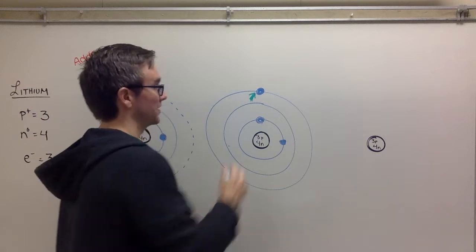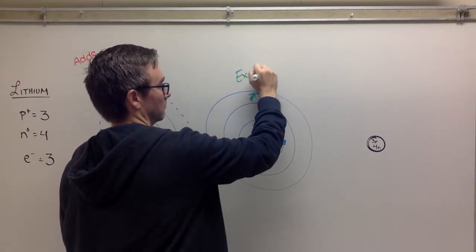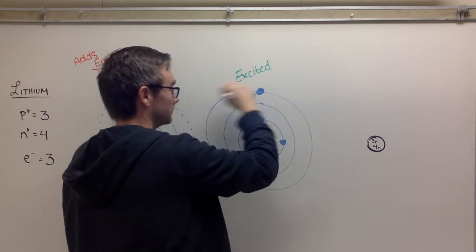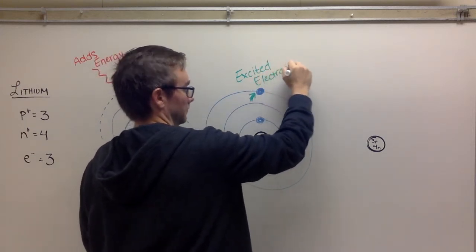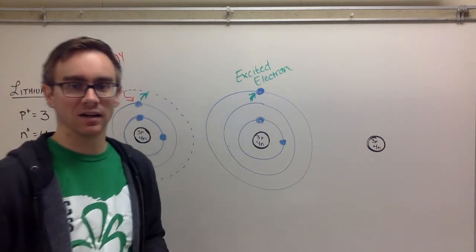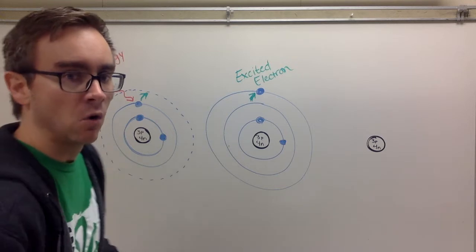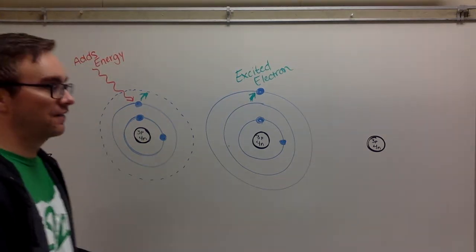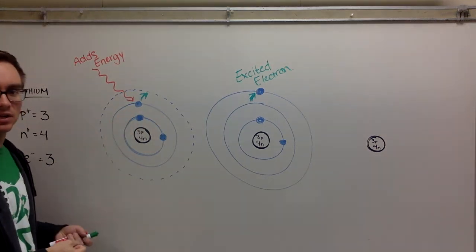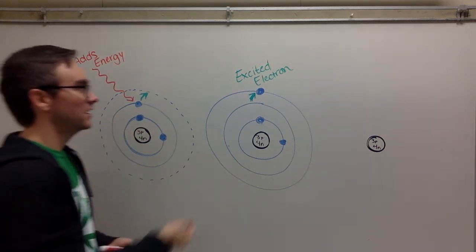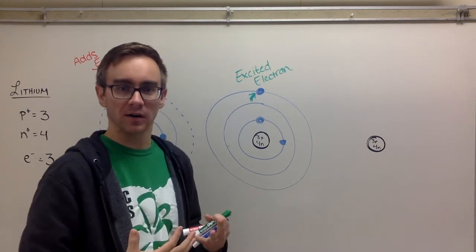We call this an excited electron, where it jumps up to the next level. But it only can do that for a brief moment. It gets this temporary burst of energy. Think of it almost like a little sugar high. It jumps up. It's very excited. It's got all that sugar running through it.